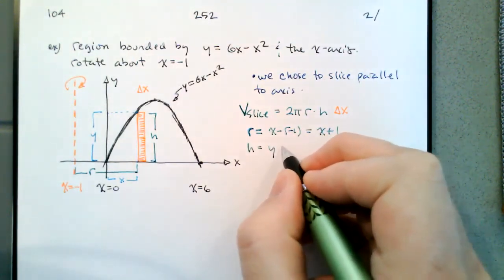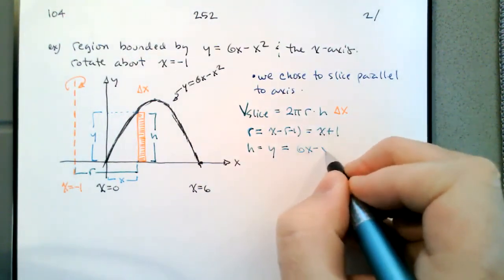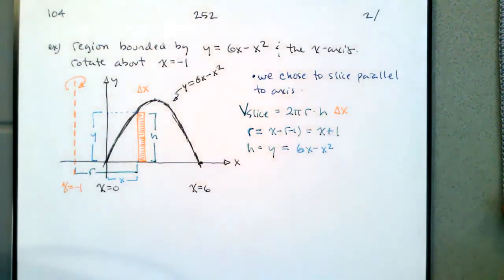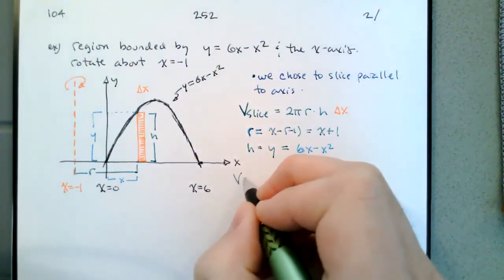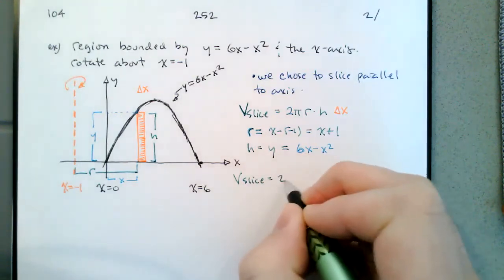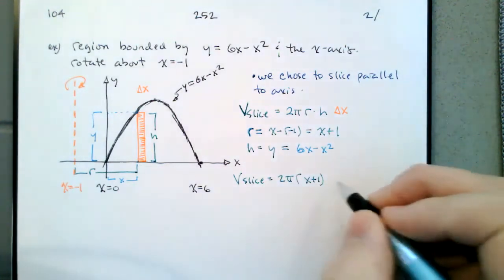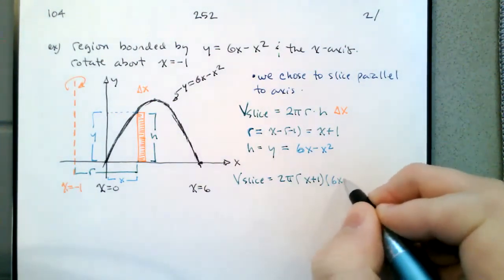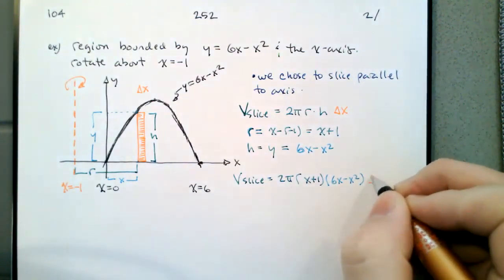Fortunately for our heroes, we know that y is equal to 6x minus x squared. So now I have the radius and the height of the cylindrical shell in terms of x. So I can write the volume of the slice as 2 pi times the radius, x plus 1, times the height, which is 6x minus x squared, times the thickness of the wall, which is delta x.